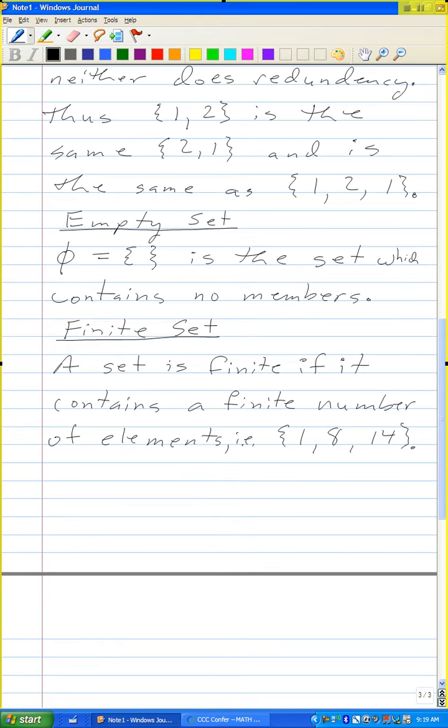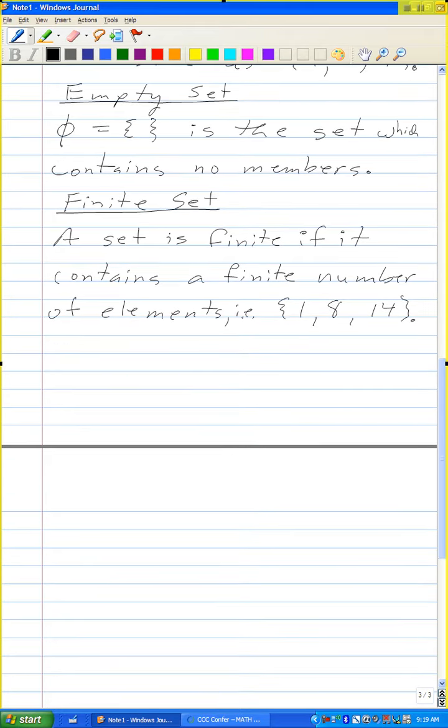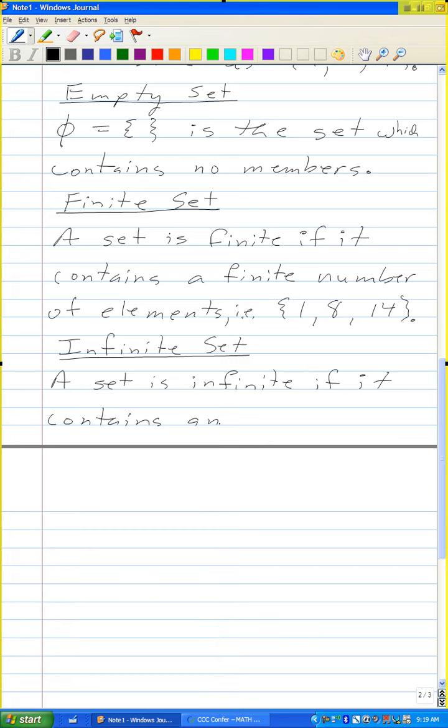Okay. You could also have an infinite set. So a set is infinite if it contains an infinite number of elements.